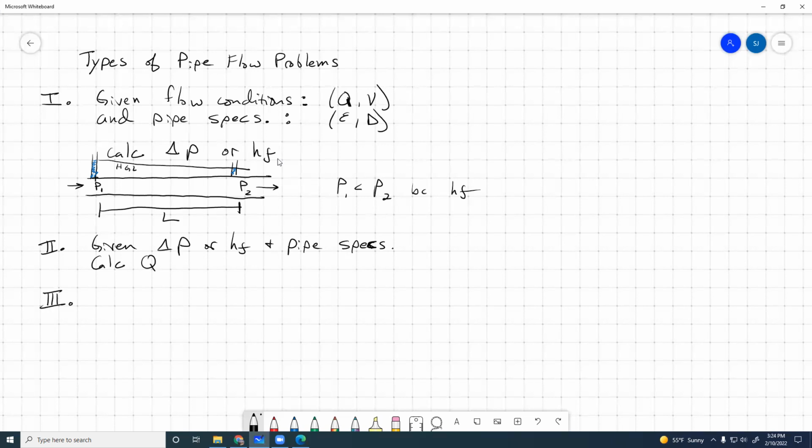And then the final type of problem is we'll be given Q or V and delta P or HF, and we will find the required pipe diameter.